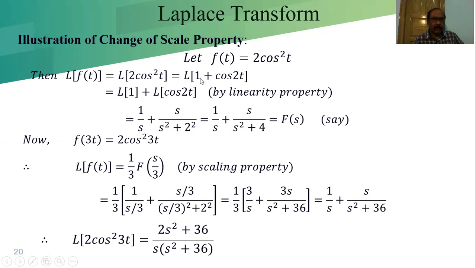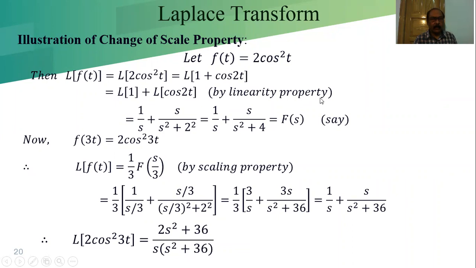Then the Laplace transformation of 2 cos square t, we can write it by converting to the coefficient of that. So Laplace transformation of 1 plus cos 2t. Then using the linearity property, we will get Laplace transformation of 1 plus Laplace transformation of cos 2t.